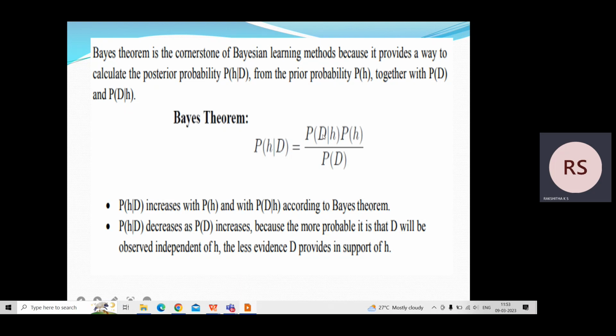P(H|D) increases with P(H) and with P(D|H) according to Bayes theorem. Next, P(H|D) decreases as P(D) increases, because the more probable it is that D will be observed independent of H, the less evidence D provides in support of H.